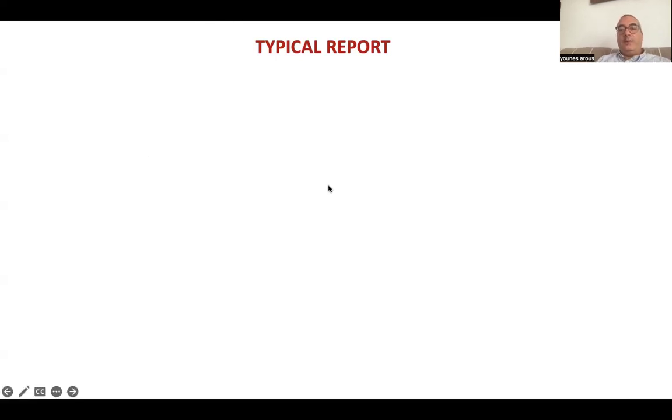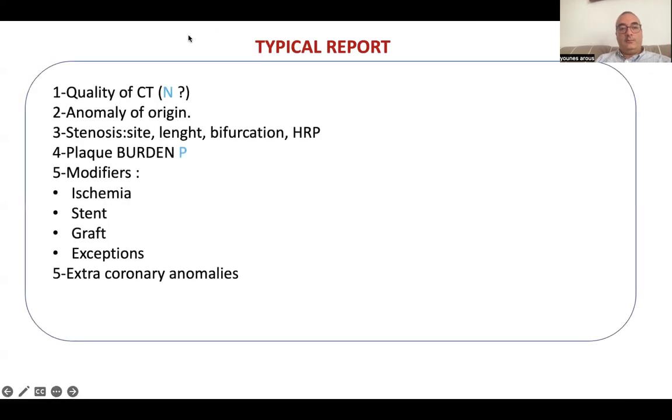We will finish with the typical coronary CT report. The first item should be the quality of the exam, then the congenital anomalies, then the presence or not of stenosis.